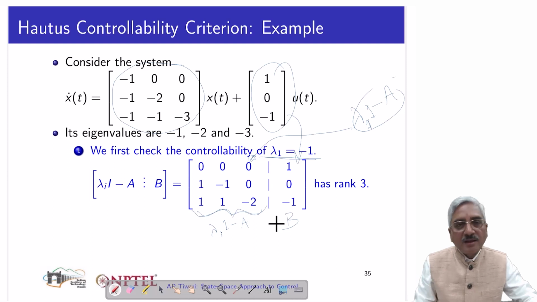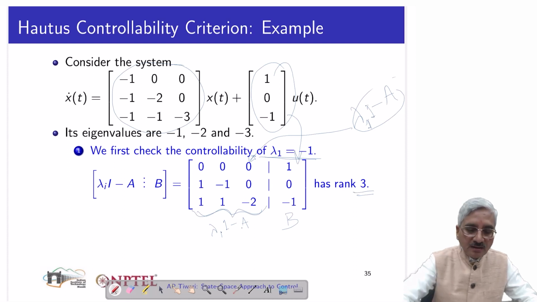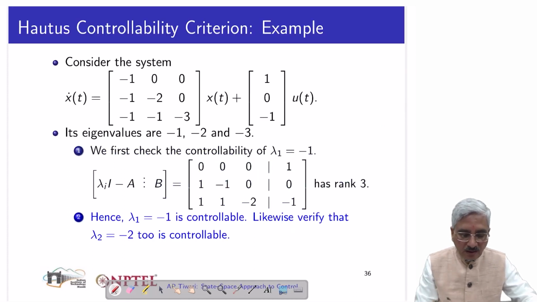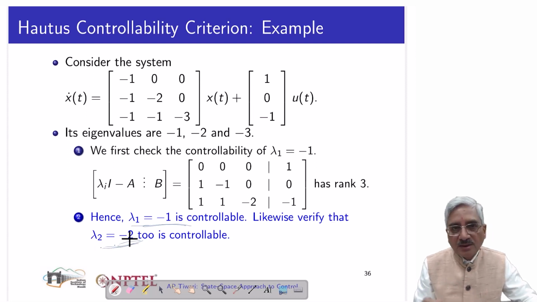And we check the rank of this, we will find that its rank is 3. We check similarly for lambda 2 equal to -2. We have already established that lambda equal to -1 is controllable. So we check whether lambda 2 equal to -2 is controllable in the same manner, and the answer comes yes, the eigenvalue -2 is also controllable.